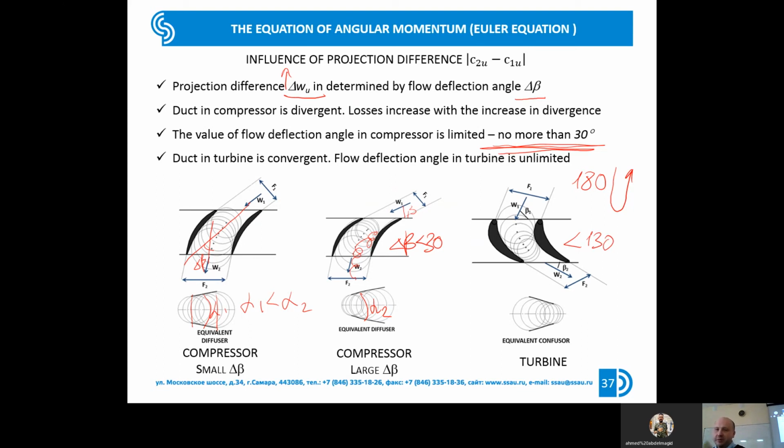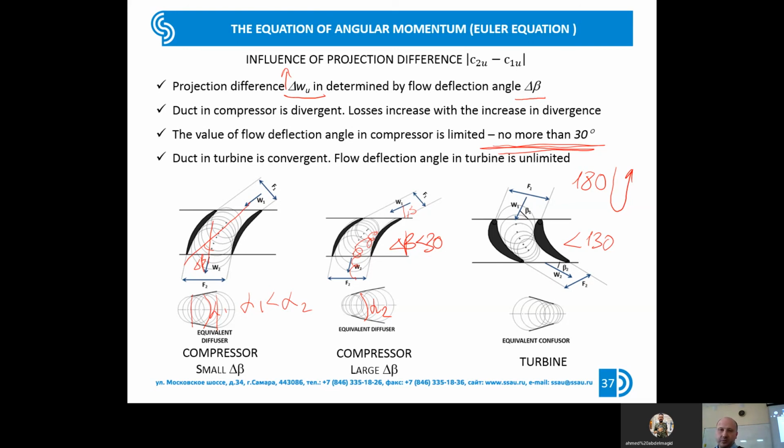So it means that because we have no problems with separation in the confuser channel, the flow deviation angle has no limitation, only limitation related to construction. And of course, finally, it leads to the fact that in the turbine stage we could realize a larger value of delta W, and finally we could receive a very big delta W.